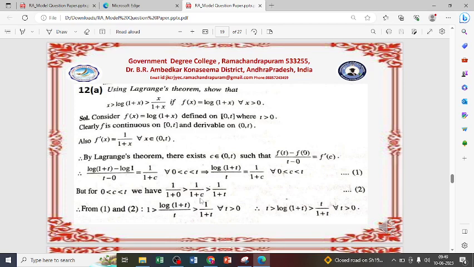So 1 is greater than 1/(1 + c). Already we have seen that 1/(1 + c) is log(1 + t)/t. So we have log(1 + t)/t greater than 1/(1 + t) for all t greater than 0. Therefore, multiplying with t throughout, we get t is greater than log(1 + t), which is greater than t/(1 + t). Okay, it's for all t greater than 0.